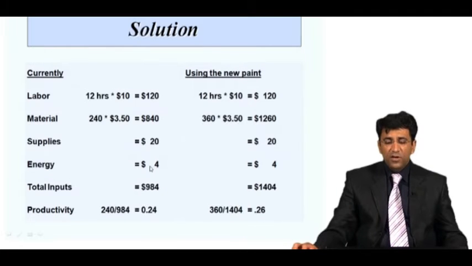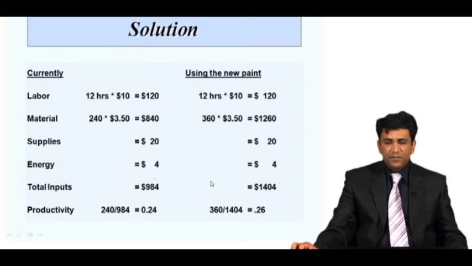Energy cost is $4. So all these are the different inputs. If we add up all of these inputs, it will become $984. Now as I told you that 240 is our output, so productivity is equal to output over input. We have calculated input by taking into account all of these factors. So before the use of new paint, its productivity will be 0.24.